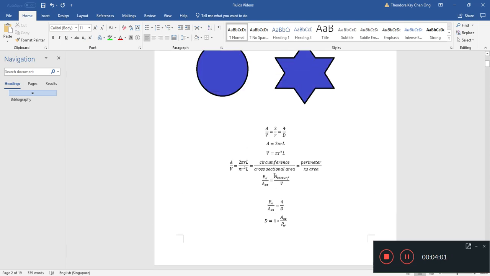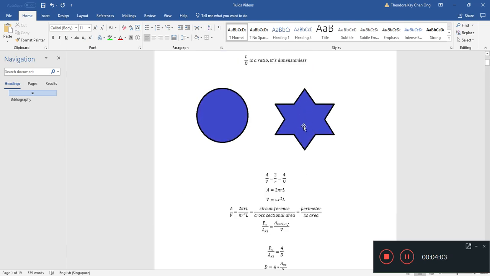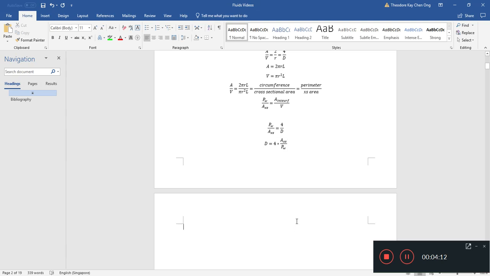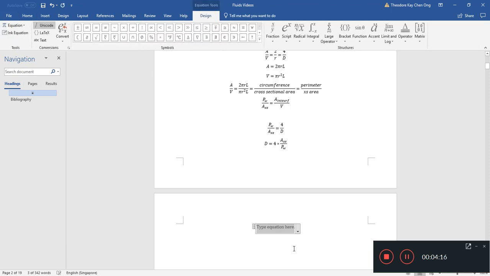But for other shapes, what does it give us? Well, we can use the same cross-sectional area over wetted perimeter formula to give us something called an equivalent D value, and we'll call it the hydraulic mean diameter.